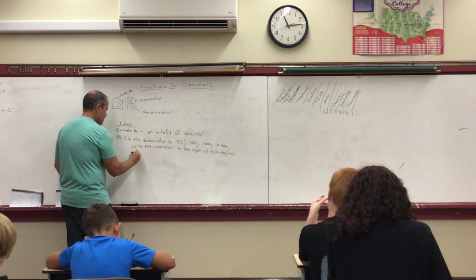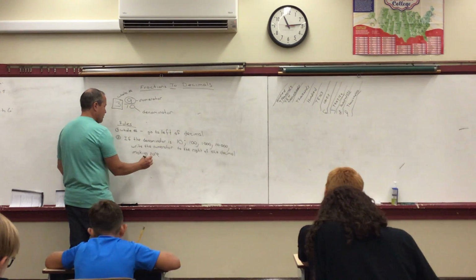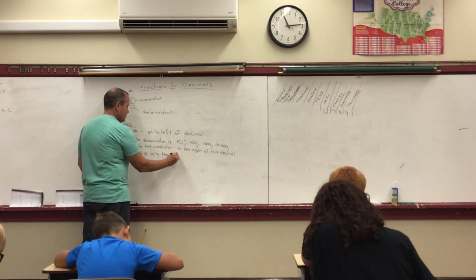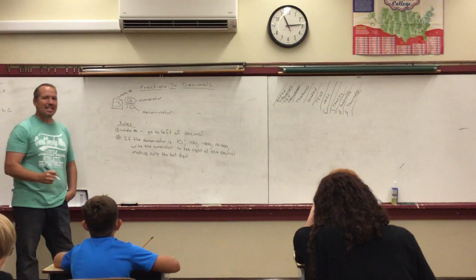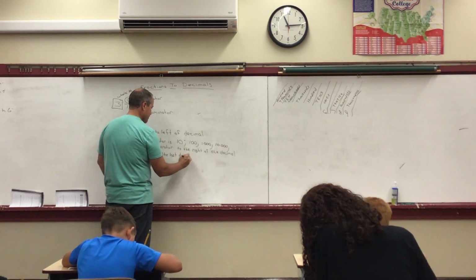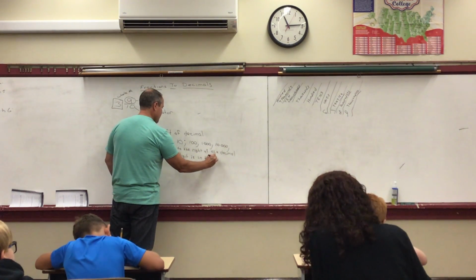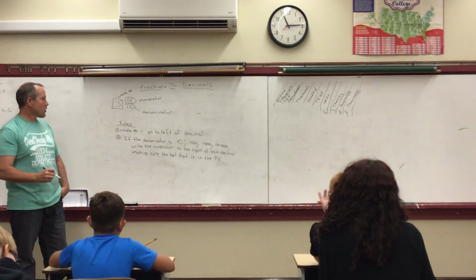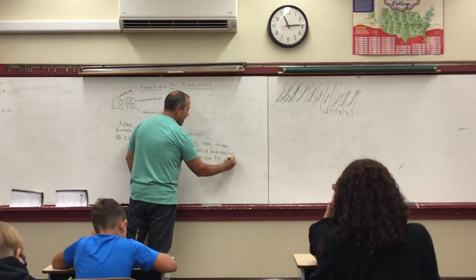Making sure the last digit is in the place value of the denominator. I'm going to abbreviate place value with PV. Making sure the last digit is in the place value of the denominator.